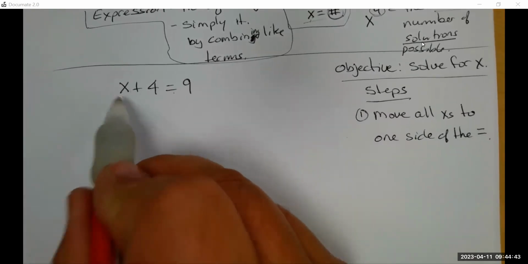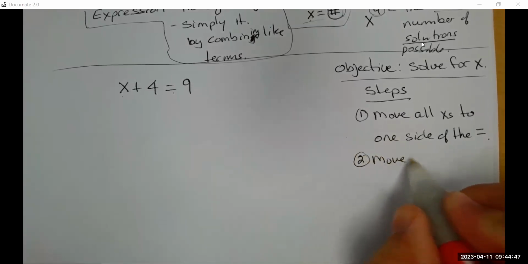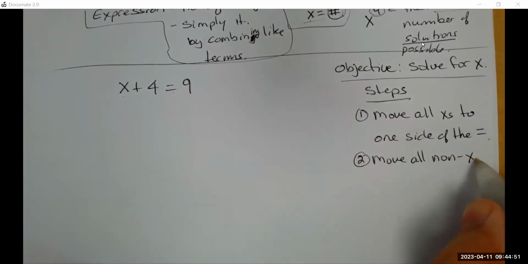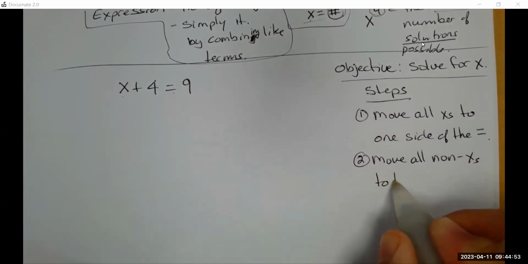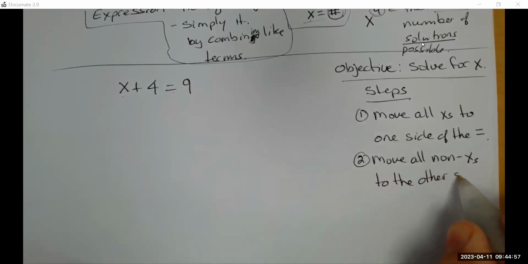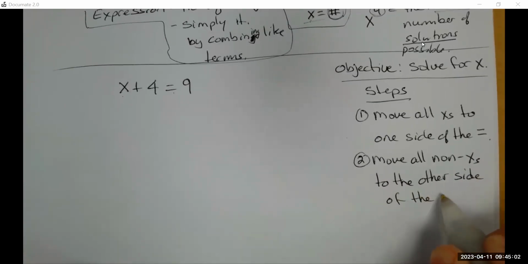Check. All the x's on one side. Move all non-x's to the other side of the equal sign.